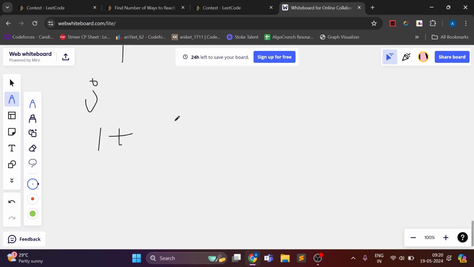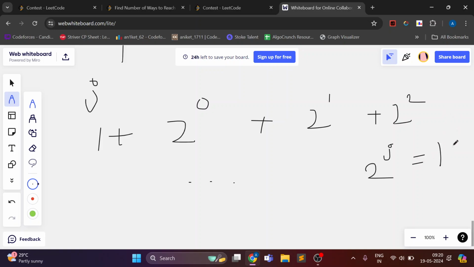First I will do 2 to the power 0 jump, then 2 to the power 1 jump, then 2 to the power 2 jump, continuing up to 2 to the power j jump, and the final output we should reach should be k, right?